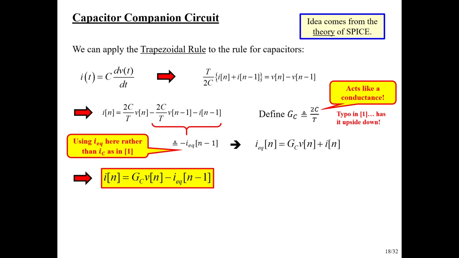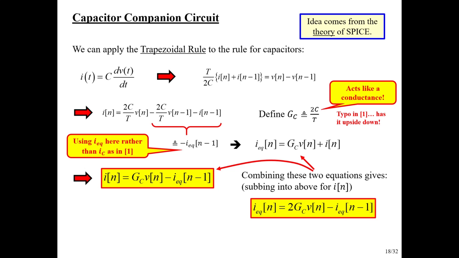So now this is kind of weird, right? We've got I of n, V of n, I equivalent. We've got two different versions here that aren't really equivalent to each other, right? Because this one has n minus 1 and this one has n. So they are different. They capture two different aspects of what's going on in the circuit.